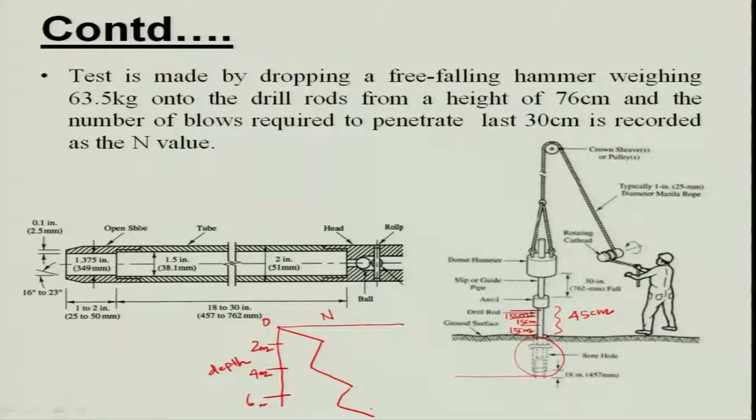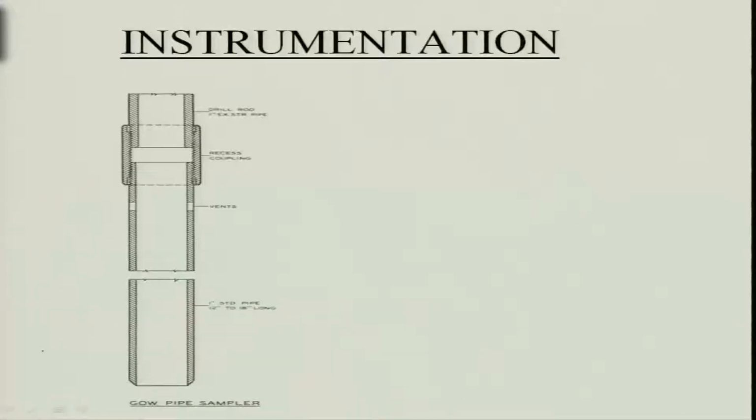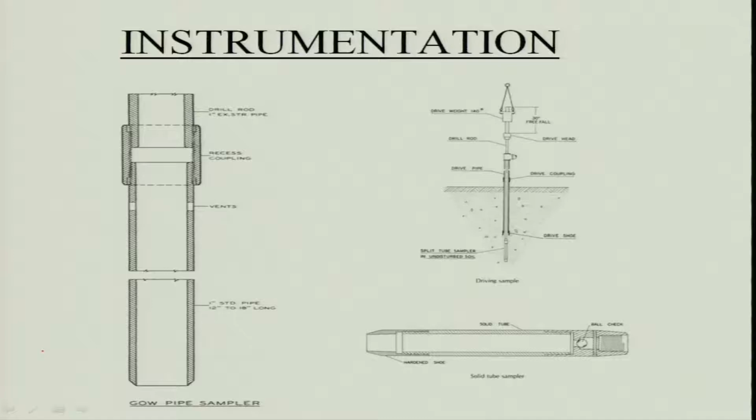And this is the split spoon sampler. Detailed dimensions are given here. It will penetrate inside. You can see the details of the split spoon sampler: the pipe, sampler tube and split spoon sampler, the split tube sampler.